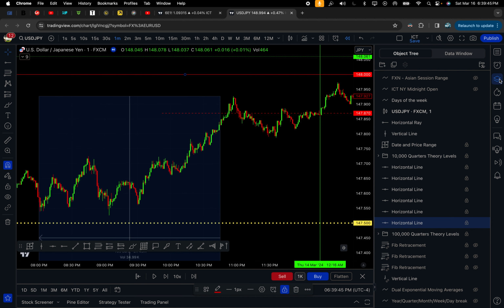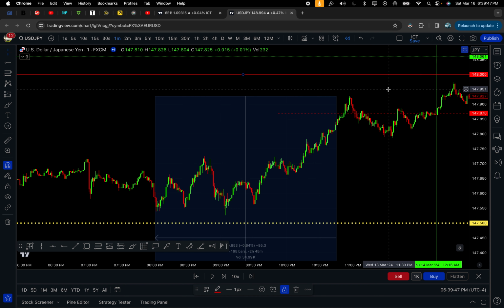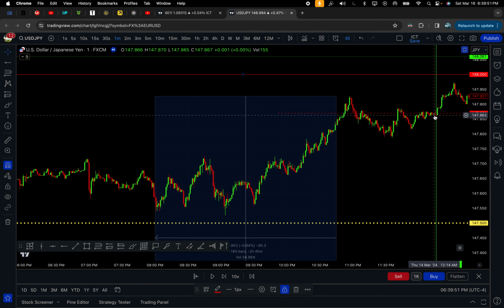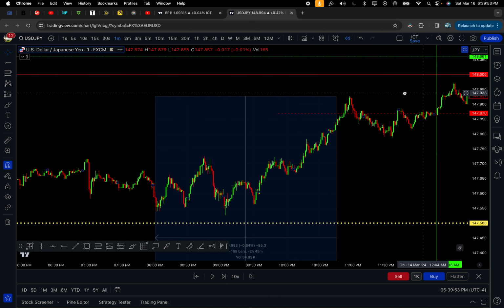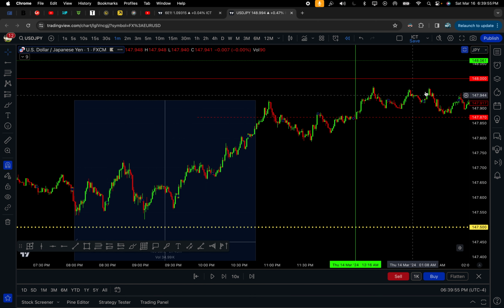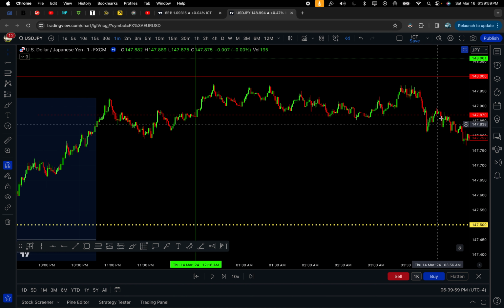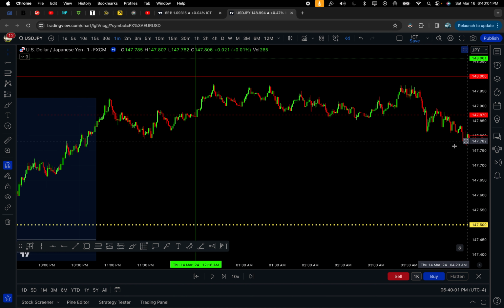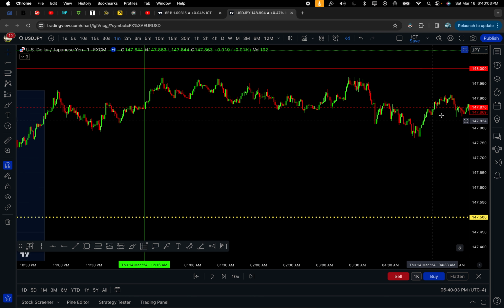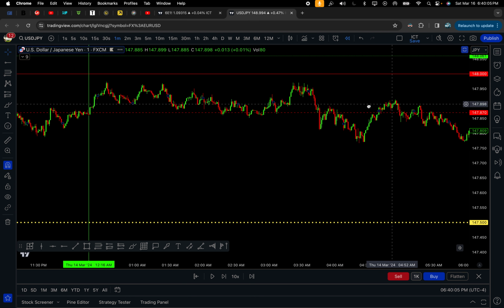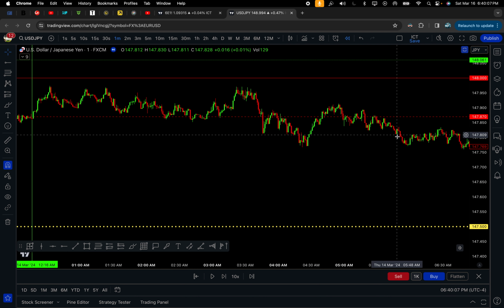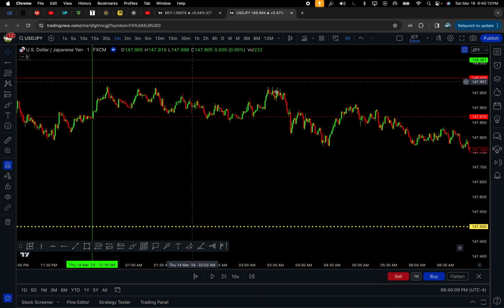I need to organize them, but that should be grouped under 1,000. But anyway, price went up, and then a lot of people started selling. It goes down, and it comes back up here. Even more people start selling. It really is going down now. And then, obviously, wait for it, right? Wait for it.